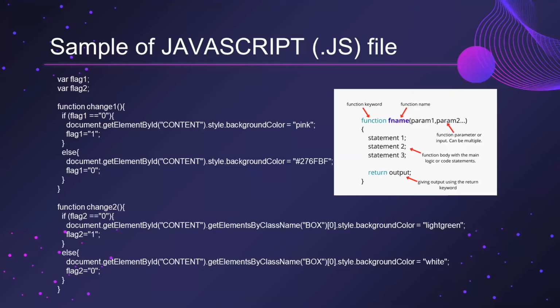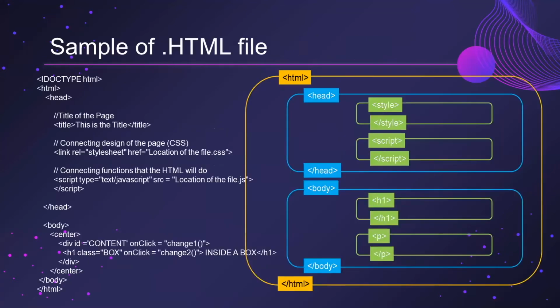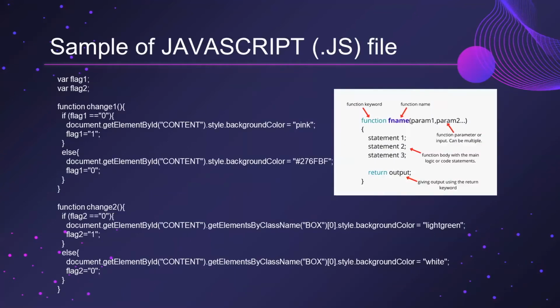And when we call it, we have already seen in the HTML that the change function is already present inside the body tag. When you click on these buttons, these divs, these tags, in this content and the box, then only these functions which were defined in JavaScript will be called.